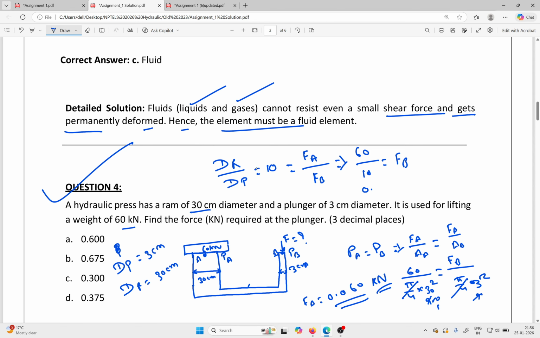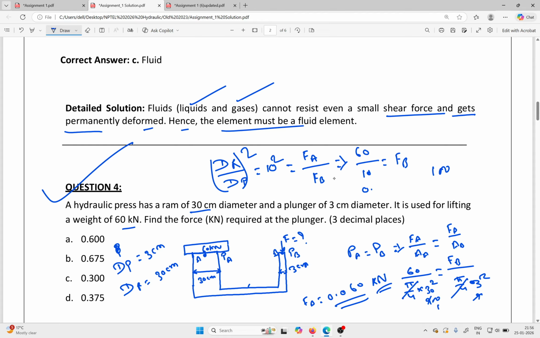Means whatever ratio you get here, if you are getting the ratio 10, then this ratio square will be this much.